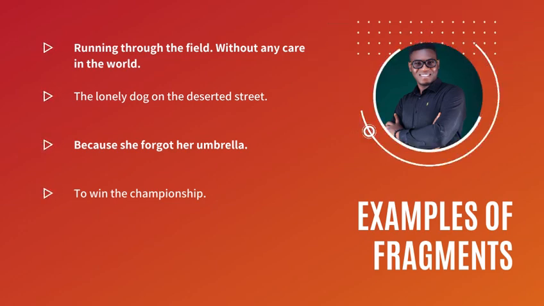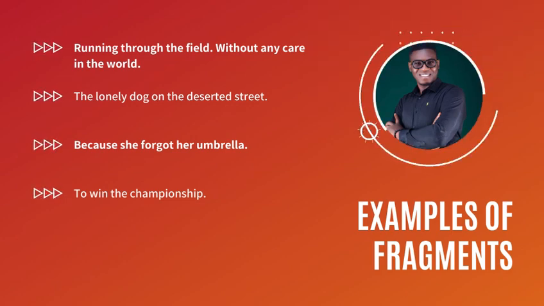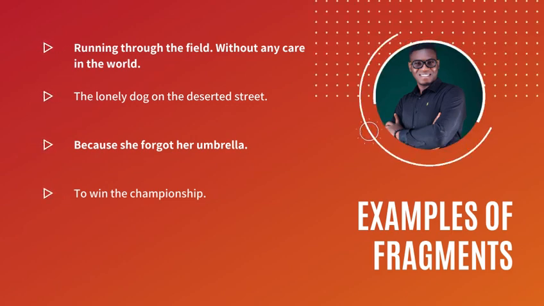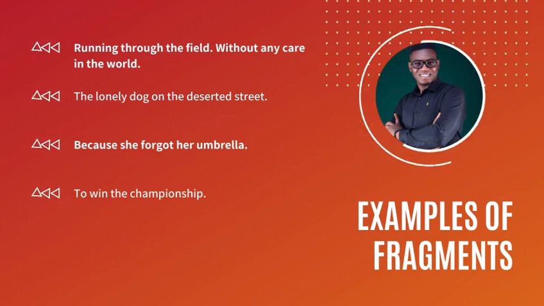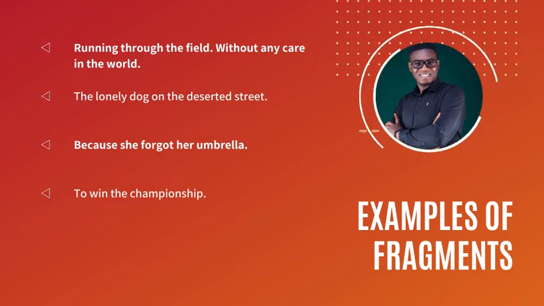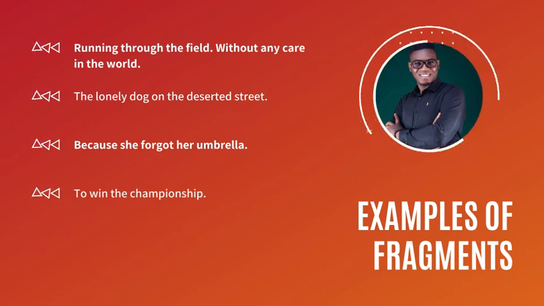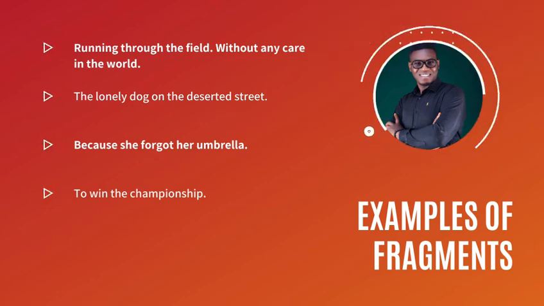To win the championship functions as a fragment because it expresses an intention but does not form a complete idea. We have more examples. We have the participle phrase fragment, the afterthought fragment, and the appositive fragment. We'll talk about that next time.